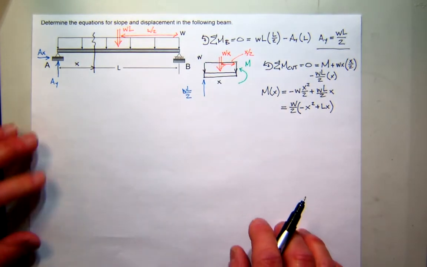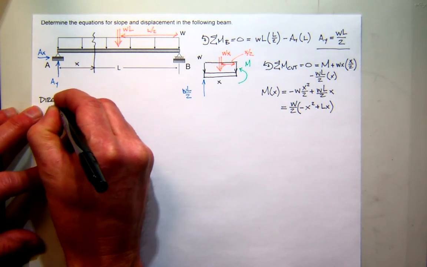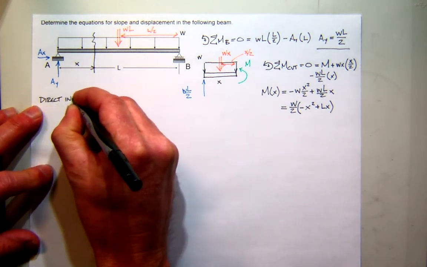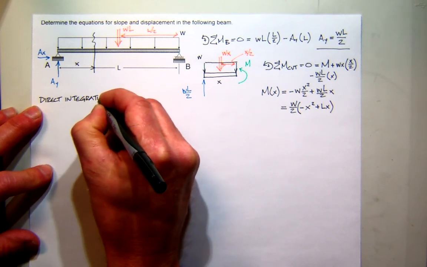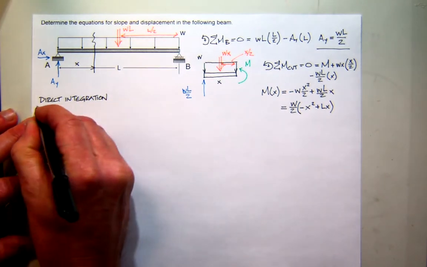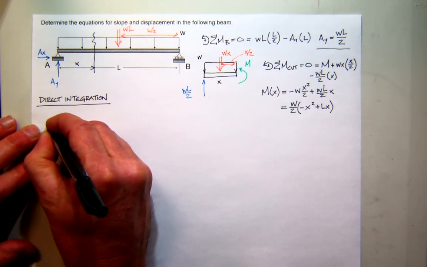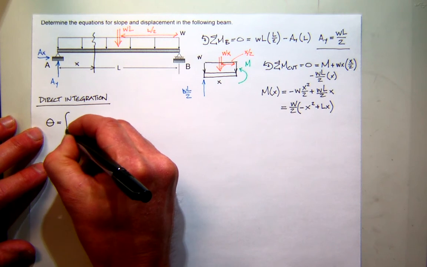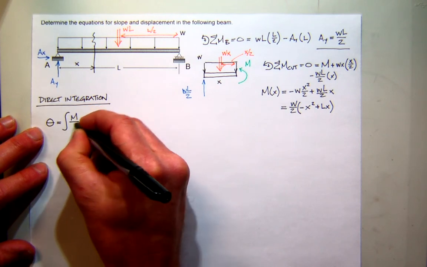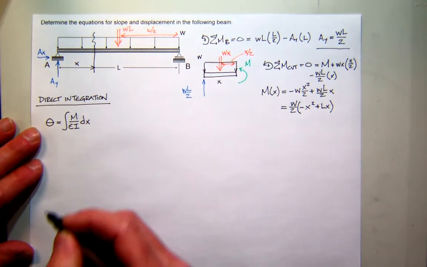So now we need to go back, and now we'll use direct integration. And the first part of that, the formula we just derived recently, was that the slope is equal to the integral of the M over EI term.